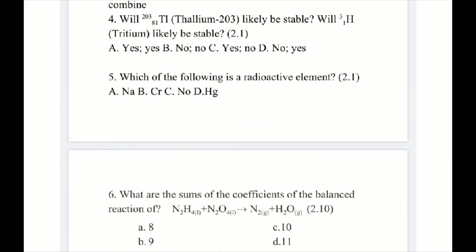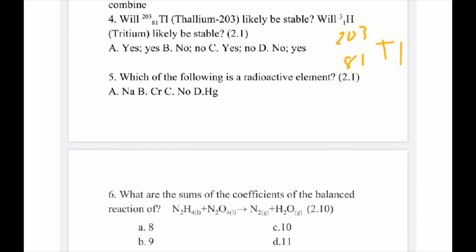Will thallium-203 likely be stable? Well, let's look at this. So we know that this is 81 and 203 thallium. So let's see if the neutron to proton ratio is stable. Now, if you remember, elements with an atomic number between 50 and around 80 are stable when their neutron to proton ratio is 1.5 to 1.